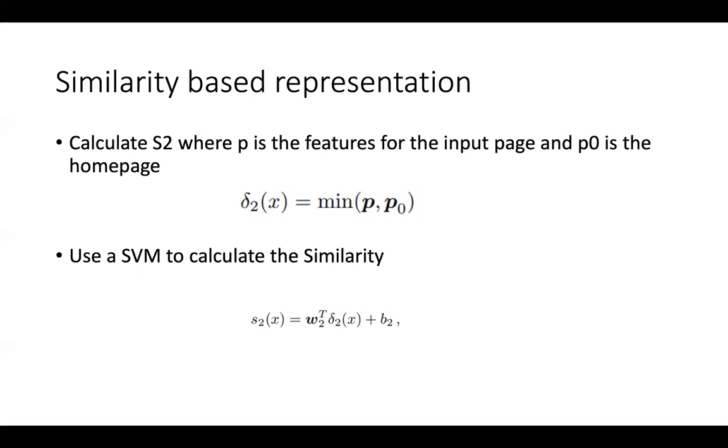Yeah, it's taking the minimum. They take a minimum for each coordinate, which to me doesn't really make sense. I have no idea why they do that.